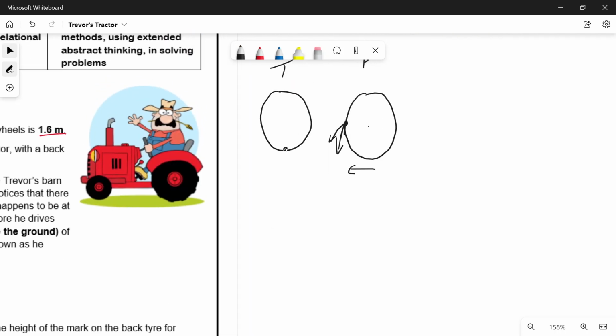So if this starts here, as it goes around, let's talk about Trevor. So I'm gonna actually do this in red.